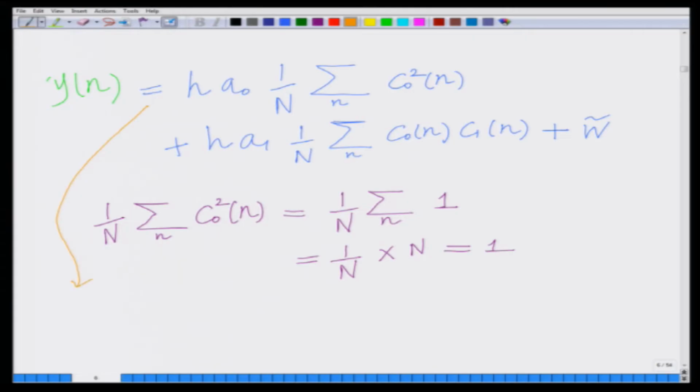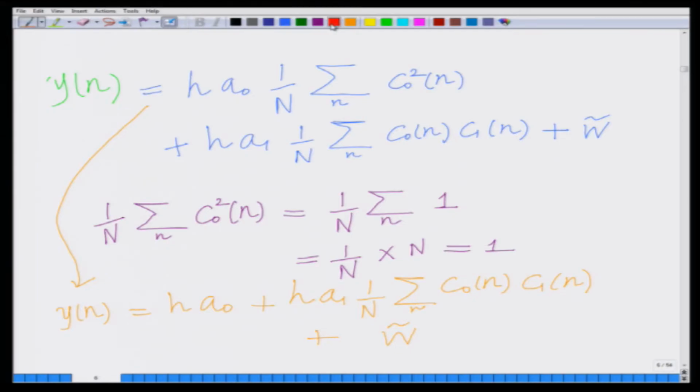Therefore, this expression can be further simplified as y n is equal to h times a naught plus h times a 1 over n summation over n c naught n c 1 n plus w tilde.